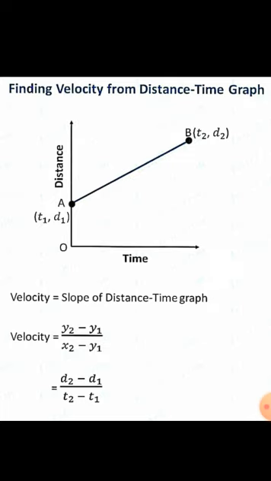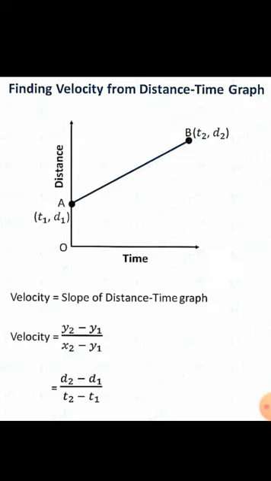The slope of the graph can also be determined when 2 points are given. We can use the formula (y2 minus y1) by (x2 minus x1). But we know that on the y-axis we are taking distance and on the x-axis we are taking time.